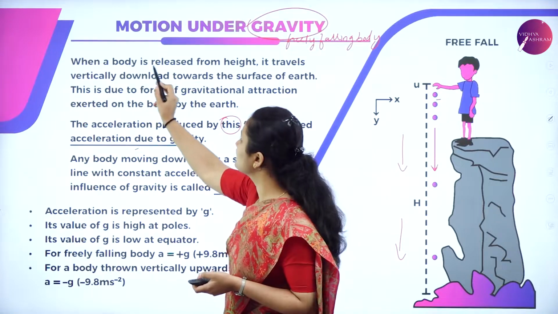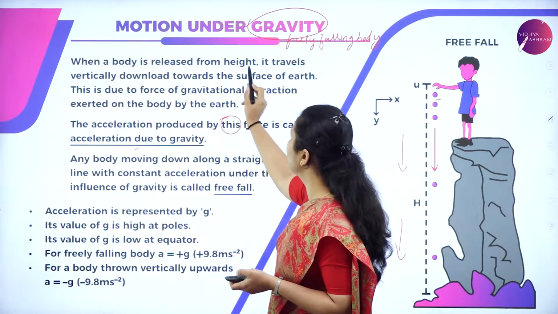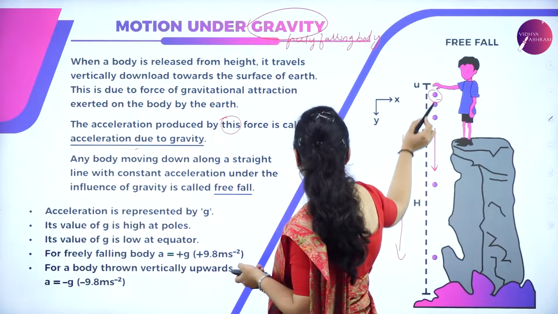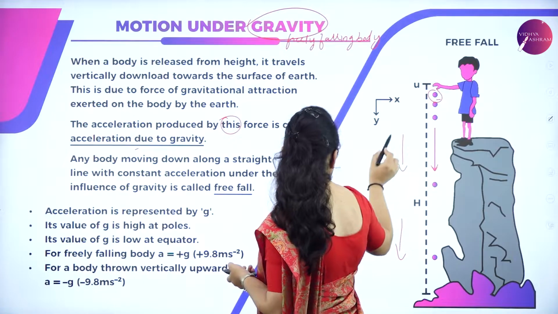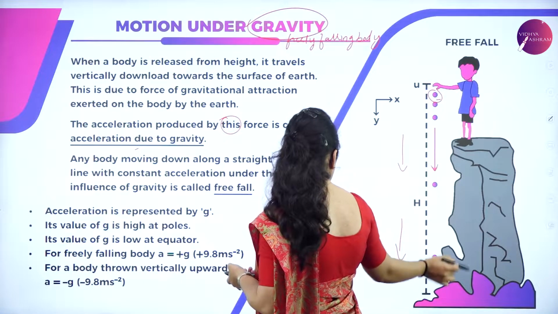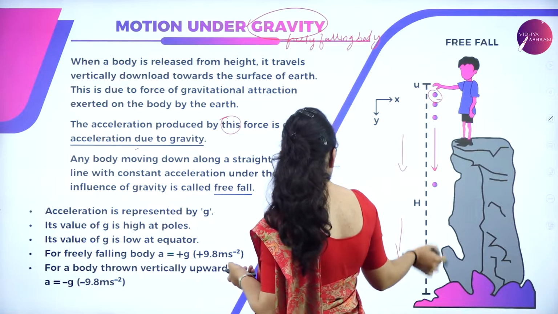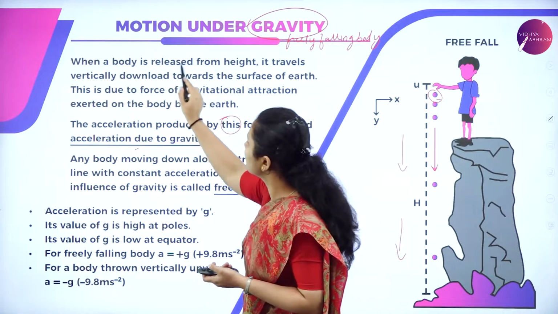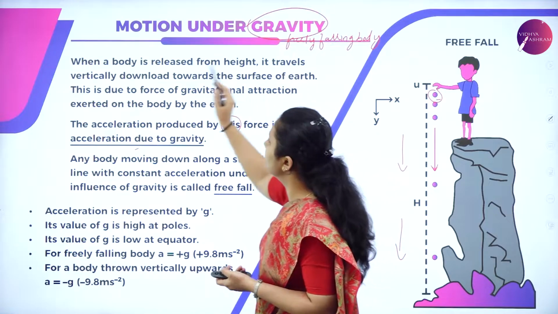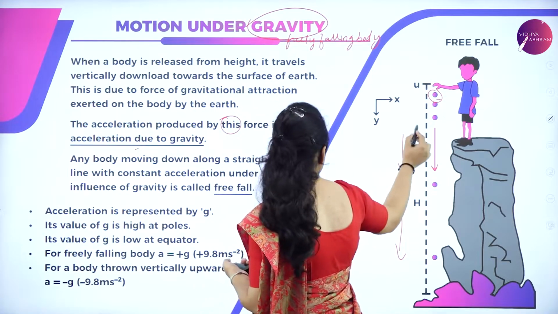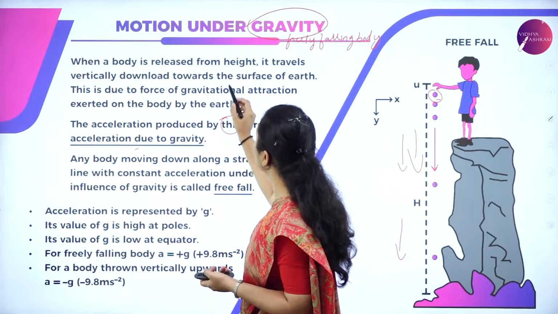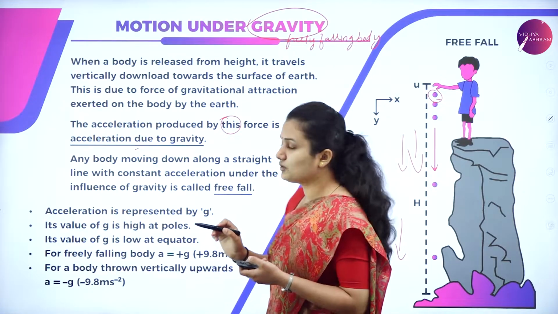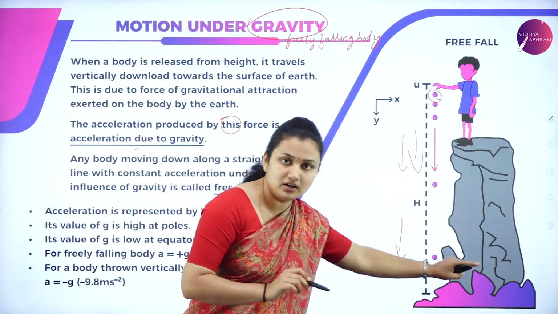When a body is released from a height, H is nothing but the height from where the ball is dropped to the earth. A body released from the height travels vertically downward towards the surface of the earth.